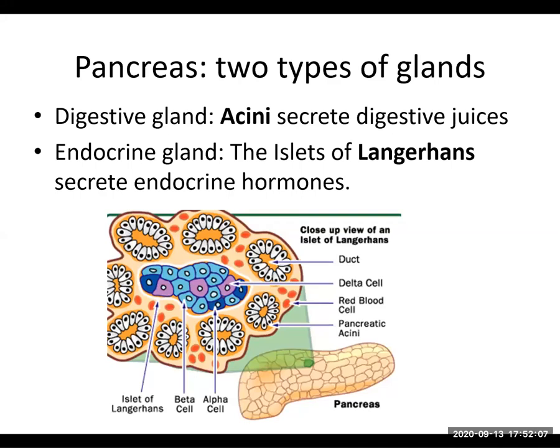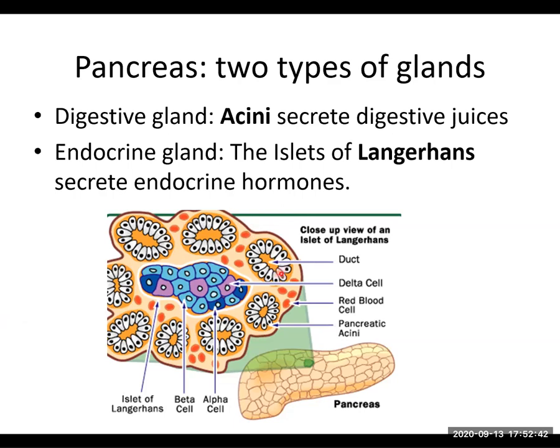It's an endocrine system, and it's also a digestive system. If we look at a cross section of the pancreas, here are the acini. You can see that each of these epithelium cells produces the enzyme down here. This is a tubule, and they flow to these ducts and go into the intestine.